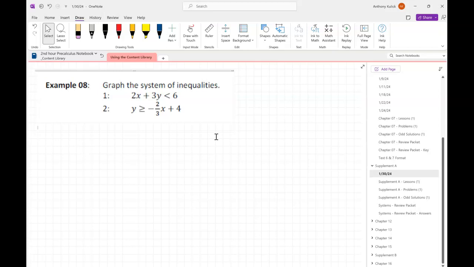Great, so let's take the first one. And what do I need to do to move that into slope-intercept form? When we say slope-intercept form, what do we mean? Get the y by itself. So do some algebra to get that y by itself.